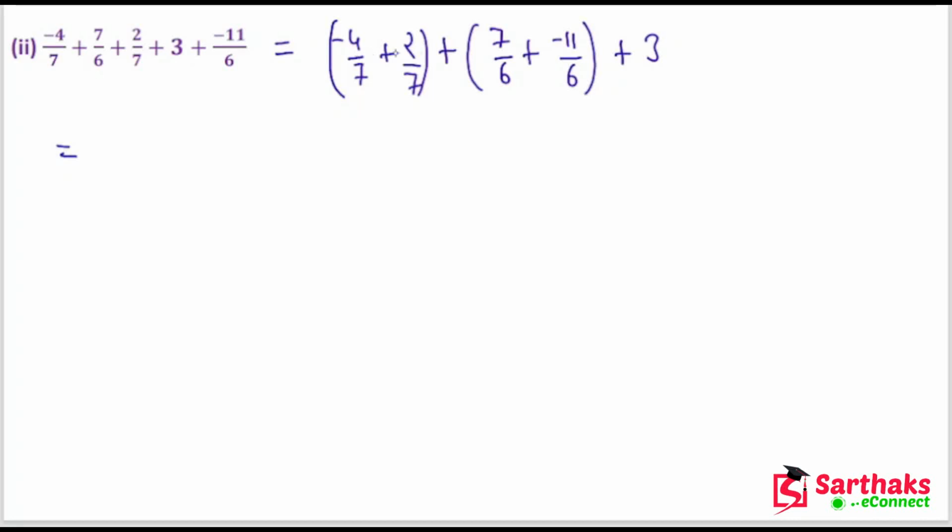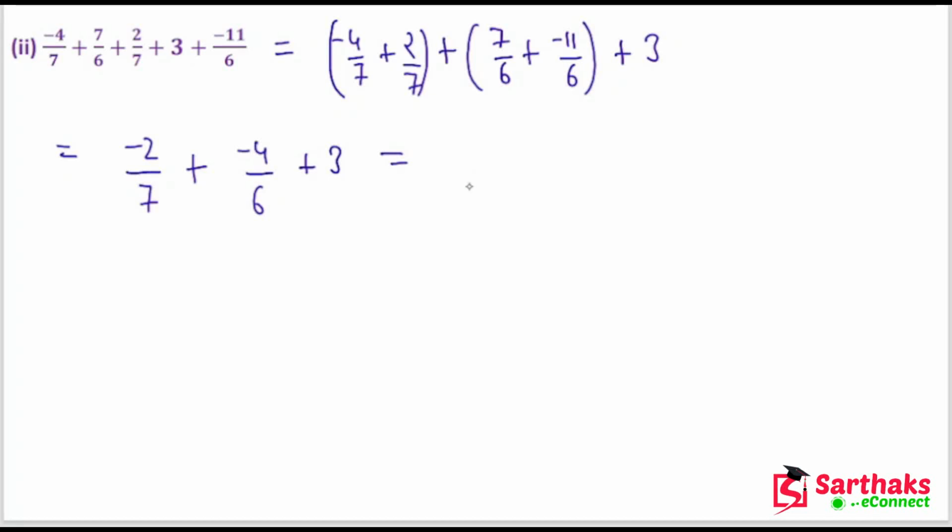So we will get minus 4 plus 2, which is equals to minus 2 upon 7 because they have the same denominator, so we can directly add the numerators. Similarly, we have 7 minus 11 equals to minus 4 upon 6. Again they have same denominators, so we can add the numerators directly, and then we will have 3. So let us first solve these two.